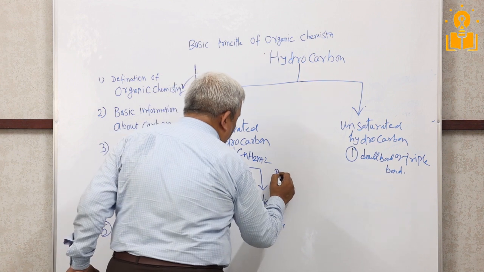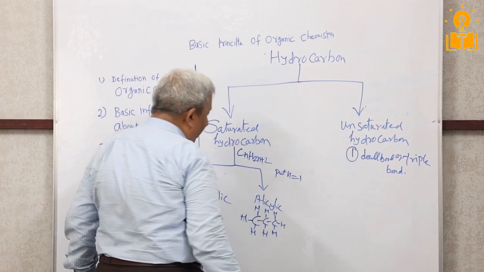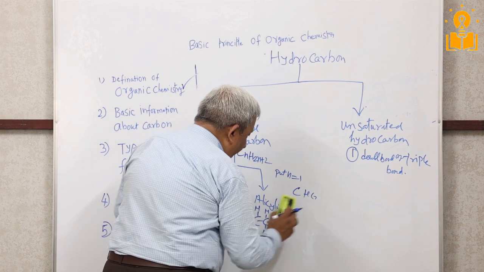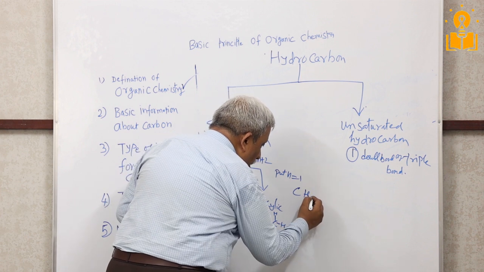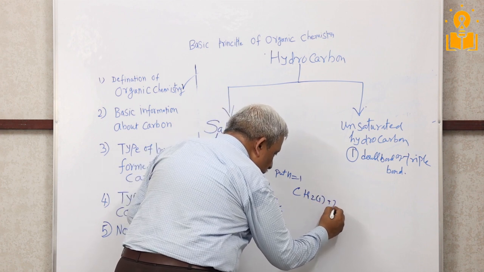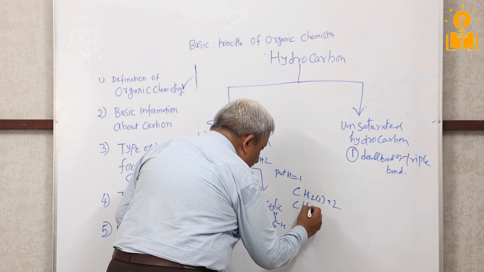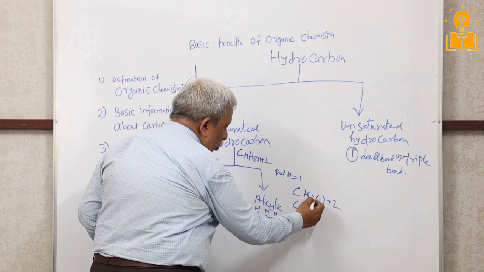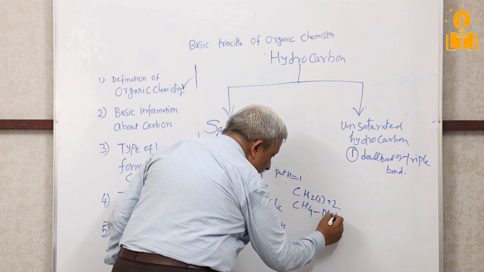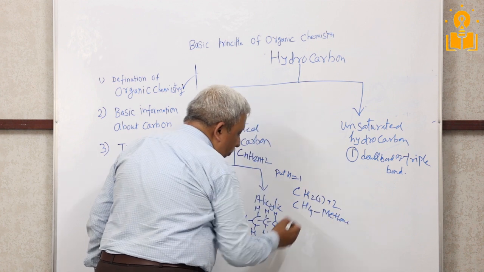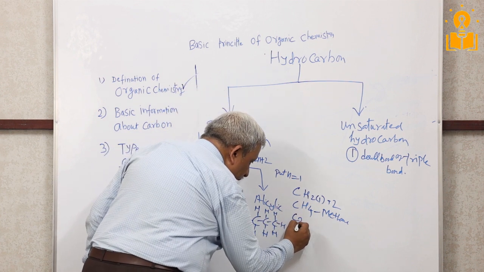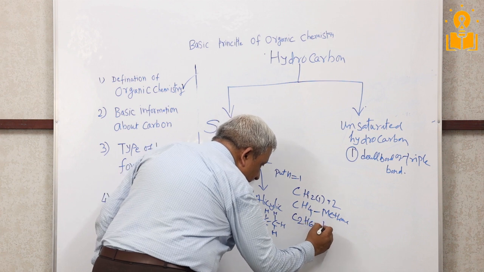If we put n equal to 1, we get CH2 into 1 plus 2, that is CH4, because 2 into 1 is 2 plus 2, that is 4. So CH4 is known as methane. Now if you put n equal to 2, it will be C2H6, that is ethane.